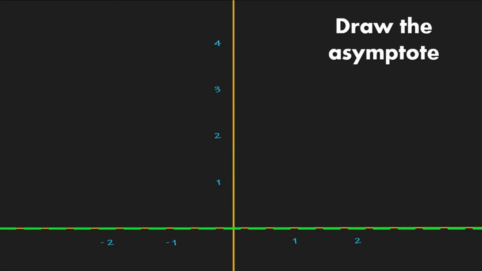Asymptote ang una. Ito yung green na yan. Susundan mo ng parent point. Yung 0, 1 to be exact.